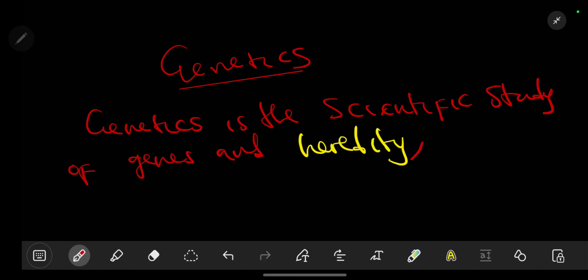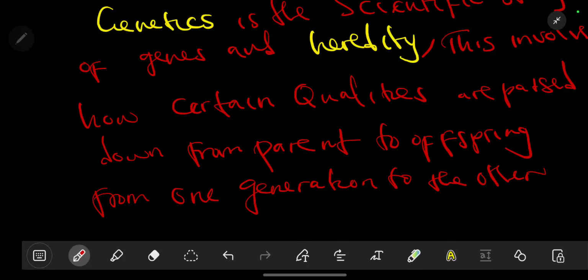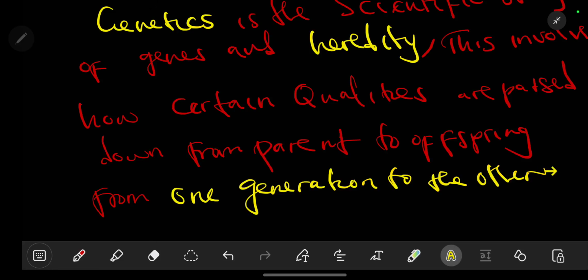Heredity is simply defined as how certain qualities or traits are passed from parents to offspring, from one generation to the other. So this is what genetics is all about.